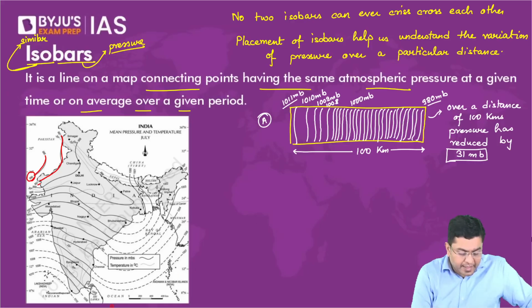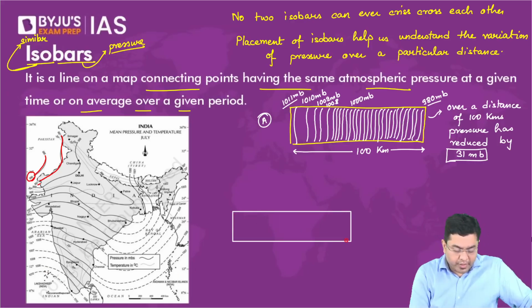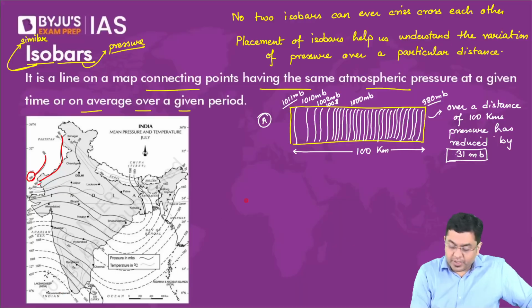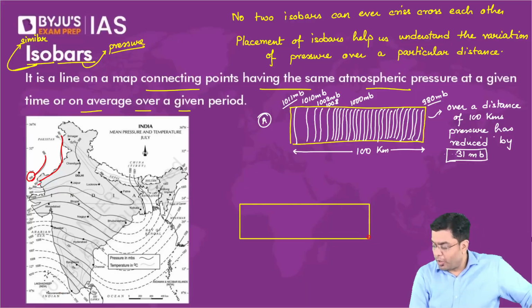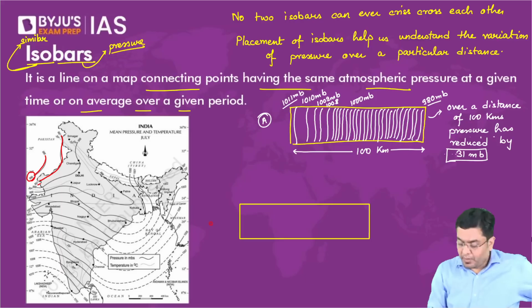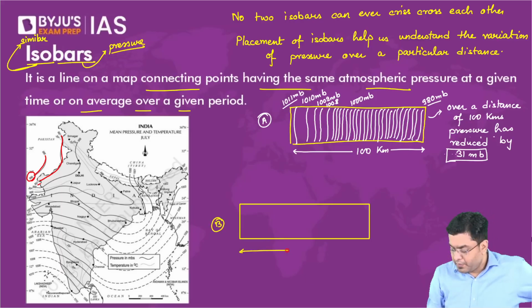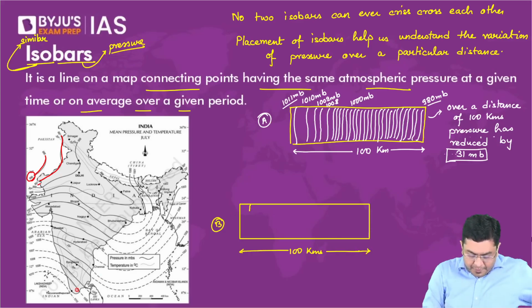If I take another similar example, another region B, again over a distance of 100 kilometers, I have isobars which are spaced apart from each other, with a significant amount of distance between them.